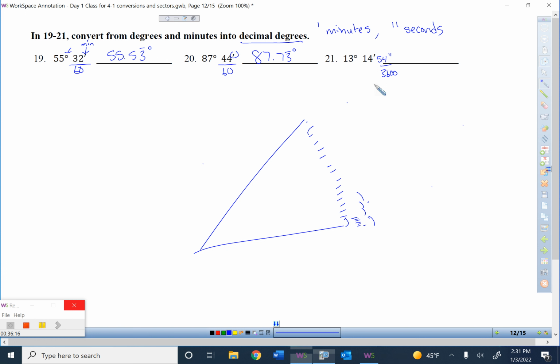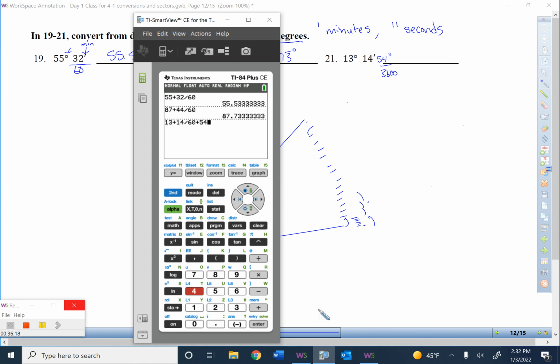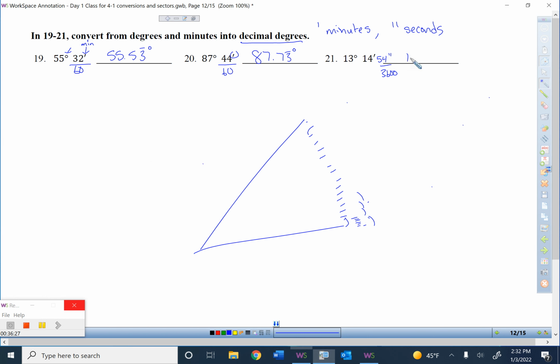Okay, so the seconds, we have to take 60 times 60. And the final answer for this one would be 13.2483 repeating with the degrees. Again, the whole idea is to get into the whole number degrees, and that's why we ended up having to divide by so much on that last piece.